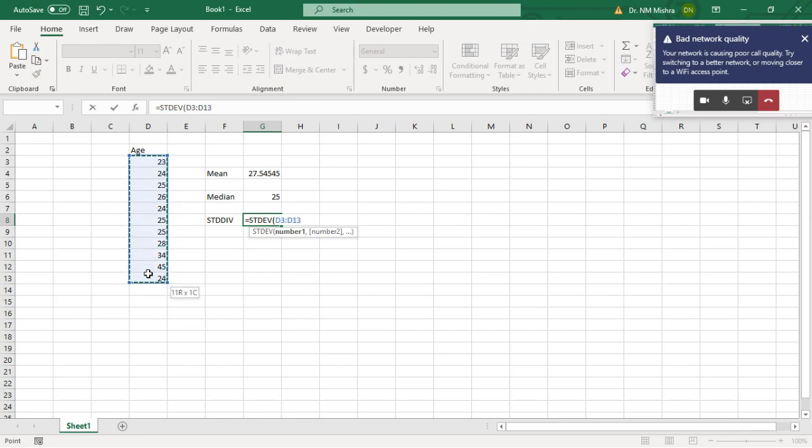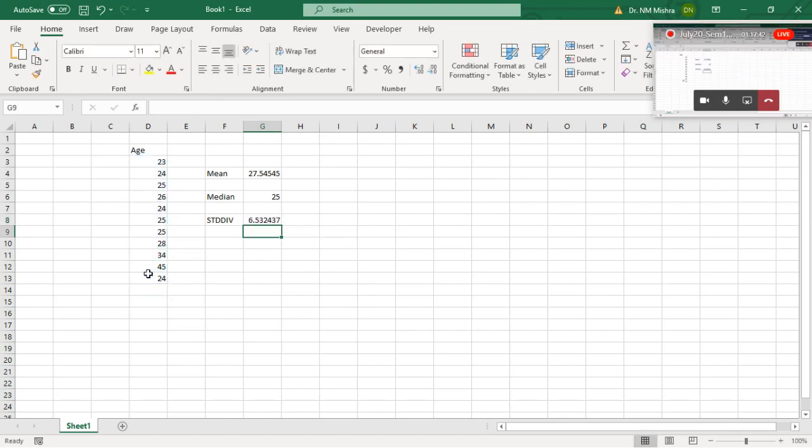You select the entire data set and you can find it. You can use the formula also, as I told: square root of summation of (xi minus x bar) whole square divided by n minus 1. That formula you can use and calculate. The STDEV function also helps you find out the standard deviation of the data set.